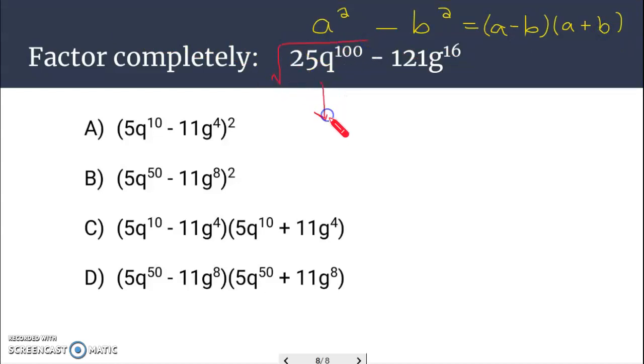The square root of 25q to the 100th is 5q to the 50th power. To find the square root of an even exponent, you just divide the exponent in half, divide it by 2. The square root of 121g to the 16th is 11g to the 8th. So those are our two terms. Think of that as the a term. Think of this as the b term.